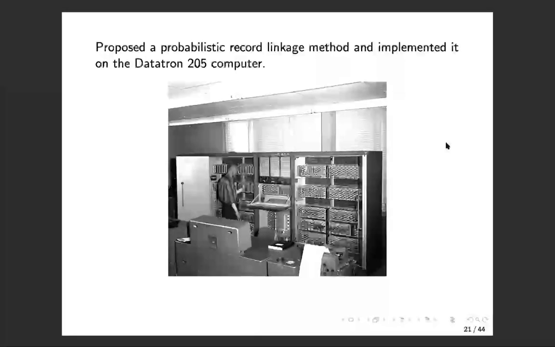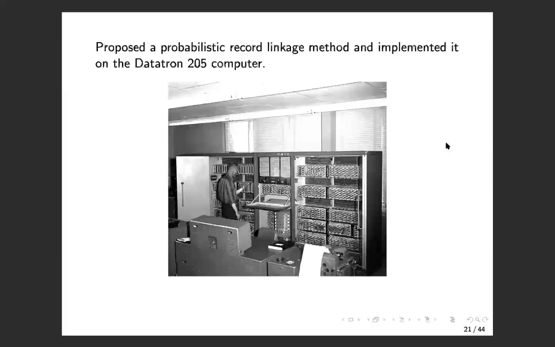So I like showing this to my students because they don't really know what a computer looked like in this day and age. So you can contrast this very easily to the tiny laptop that I'm using right now. So this was called the Datatron 205. It was quite fast for the time period. Of course, it's quite slow now, but this was progress for this era.